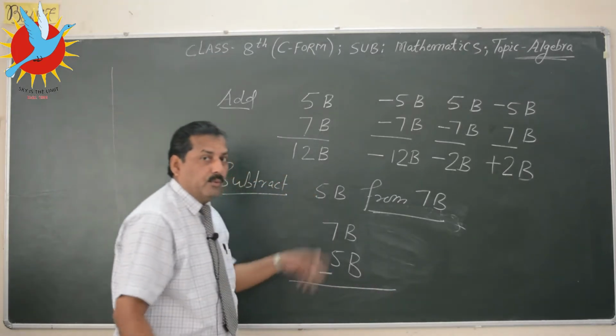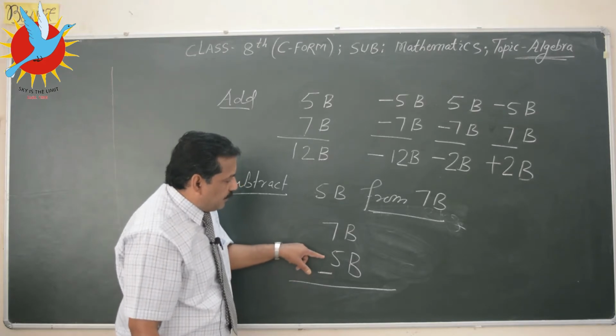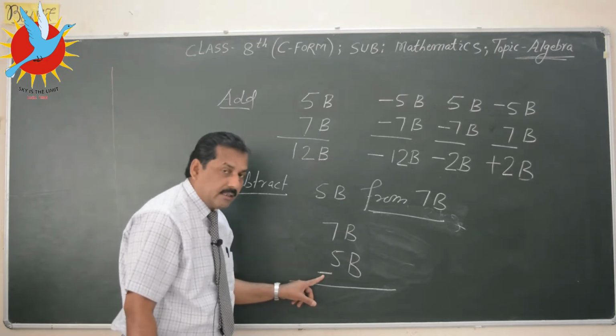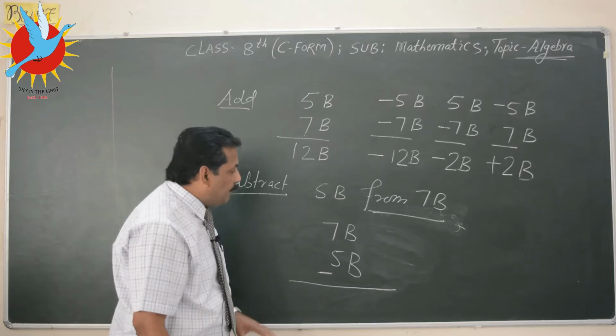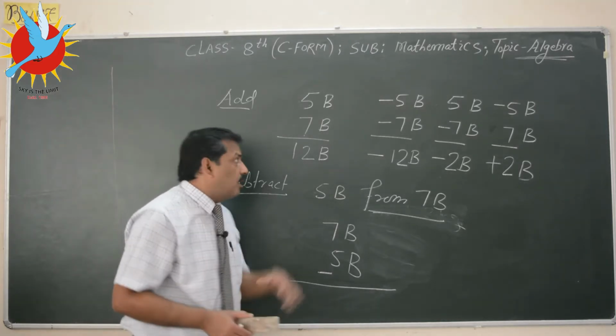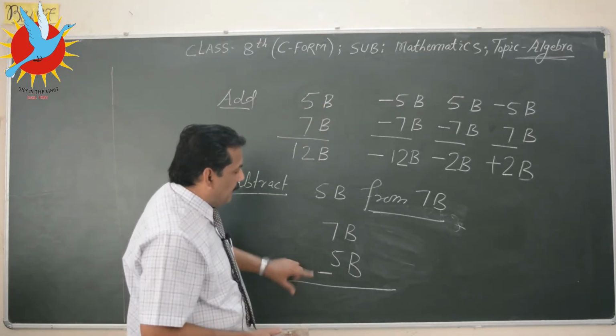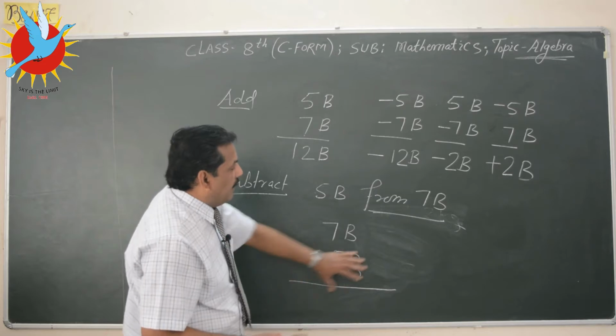This is by the rule. So we have changed the sign of this term, it was positive, now we have changed the sign to minus. Now what next? We shall be applying the rules of addition only. So 7b, and that minus 5b.